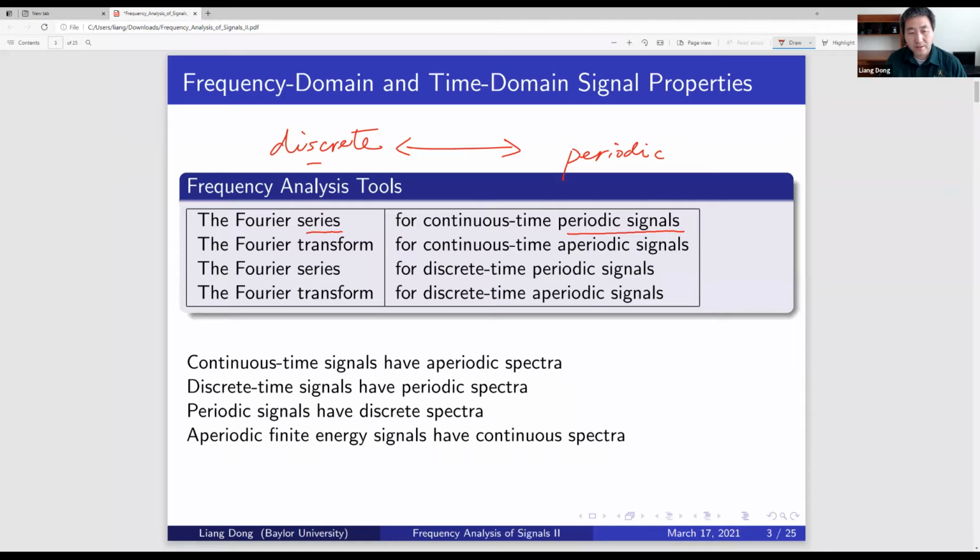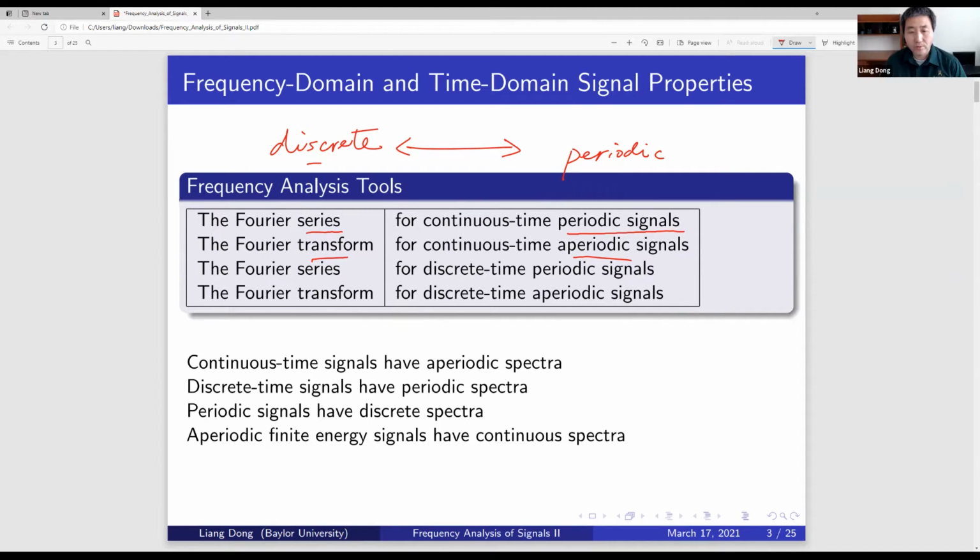The second item is a continuous time aperiodic signal, and then I have a Fourier transform corresponding to the aperiodic signal. An aperiodic signal is continuous in the other domain, so I have to use an integration to calculate it. Therefore, it's a Fourier transform.